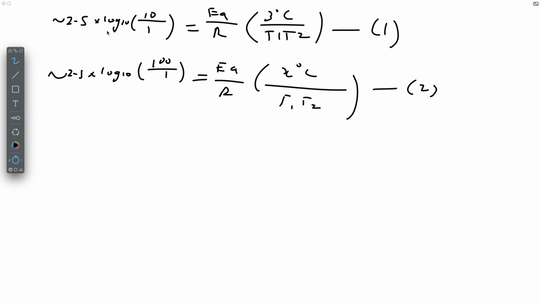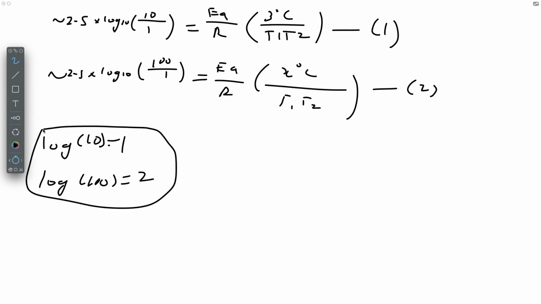You can see here, remember logarithmic scales. Log 10 equals 1, log 100 equals 2. So the left-hand side of equation 1 is 2.5 times 1, which is 2.5.